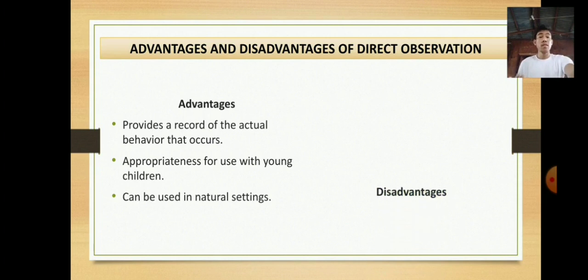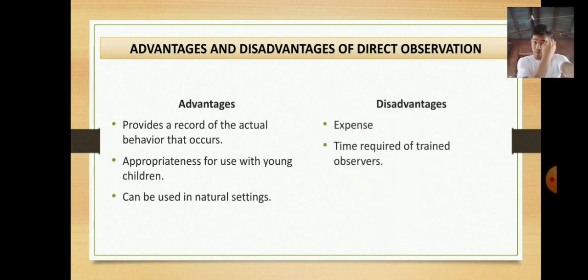So, punta naman tayo sa disadvantage. So, dalawa lang naman yung disadvantage, which is yung expenses. So, yung expenses, more on costly sa time required by trained observers. So, expenses sa time required of trained observers. So, sa pagtitrain mo ng mag-observe. So, yun nga kasi yung pinaka-importante para maging valid at saka reliable.